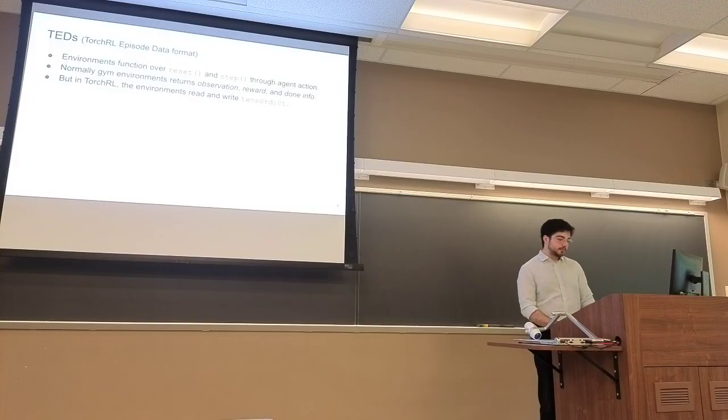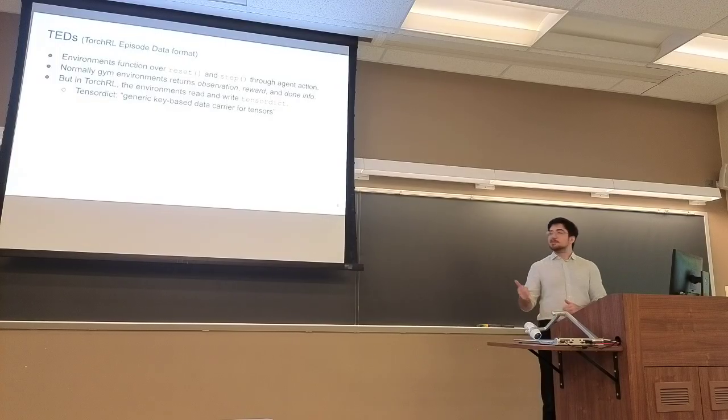TensorDict is explained as a generic key-based data carrier for tensors. That explanation doesn't make much sense, but super simply, a TensorDict is a dictionary of tensors. That's how I explain it to myself. So instead of getting those different variables, we just get a dictionary of tensors, and we operate everything through this dictionary, instead of handling different things, trying to catch dependencies, making sure that all of our variables are working.